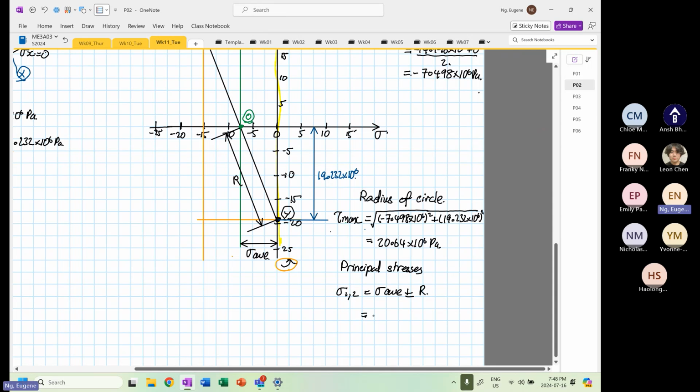So this will be equal to minus 7.498 times 10 to the power 6, and we can have a plus minus of 20.64 times 10 to the power 6. Okay.